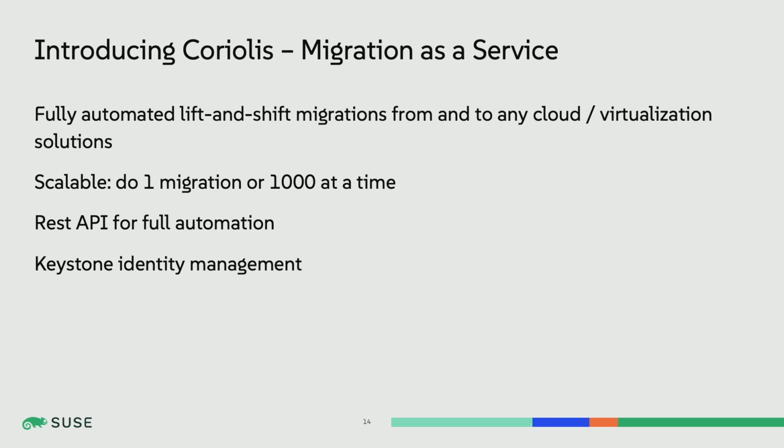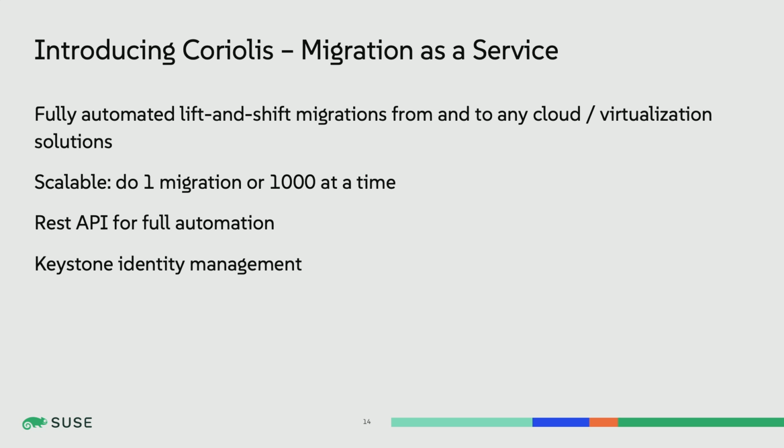You want to move from point A to point B freely whenever you want and need. You want it to be scalable. You want to be able to perform one migration or 1,000 migrations at a time, right? Many of our customers are transitioning completely from one architecture to another, which involves thousands and thousands of their VMs, right?